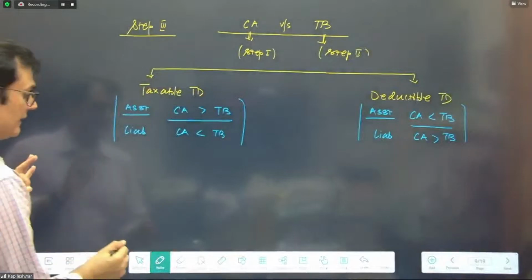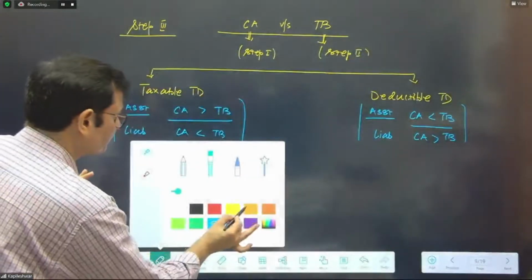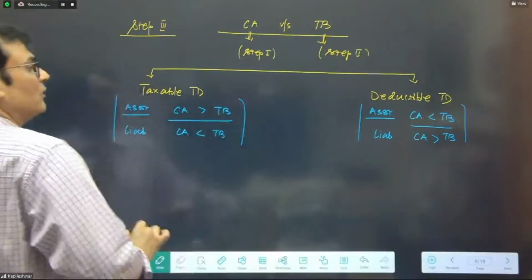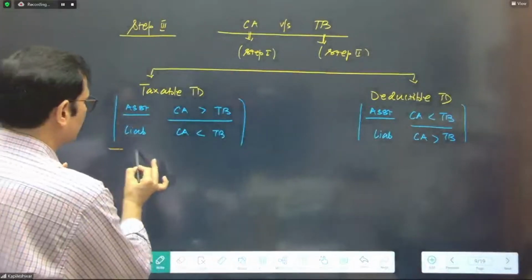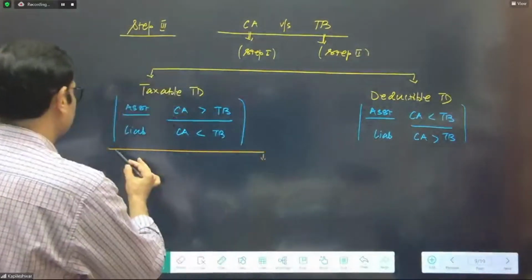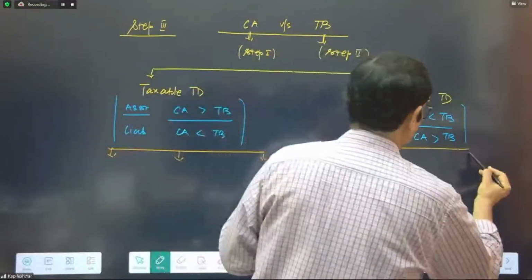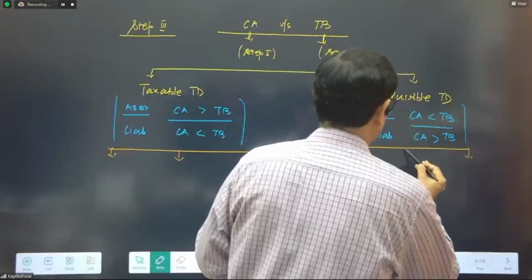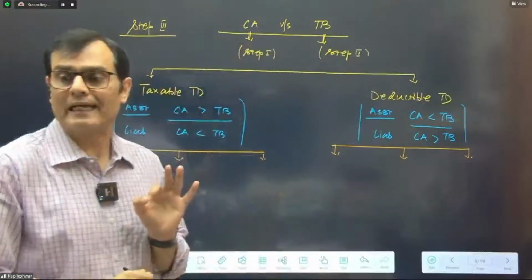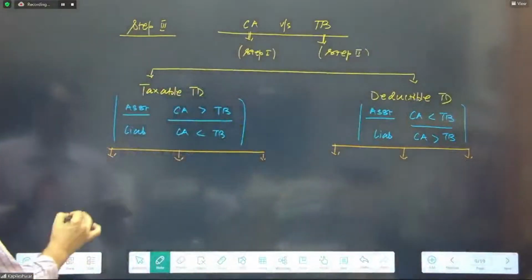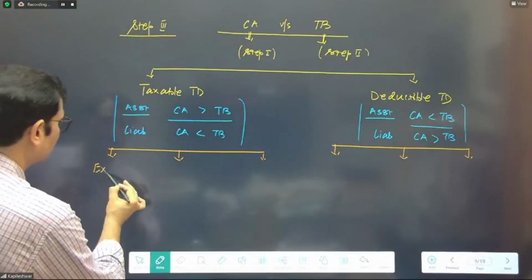Now, if you get a taxable or a deductible temporary difference, I would categorize the questions in 3 sections. One is, we can say, a case of exceptions.